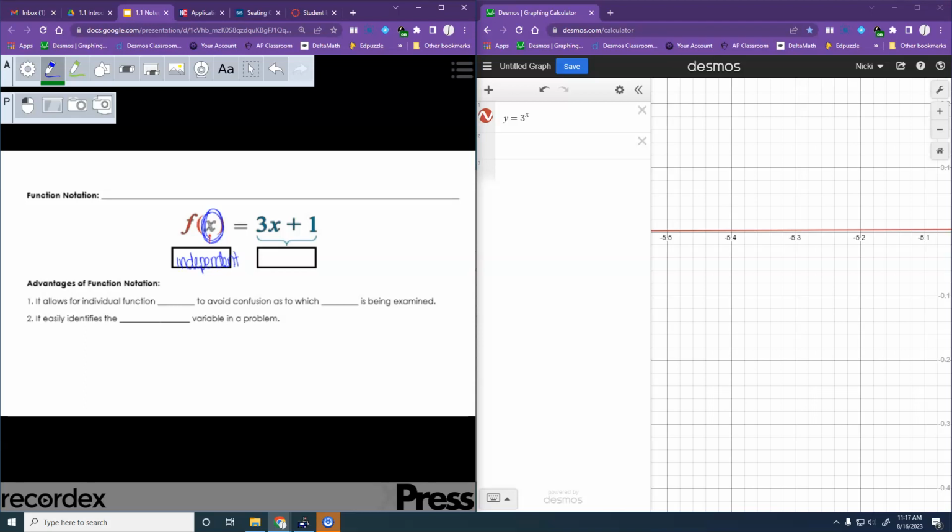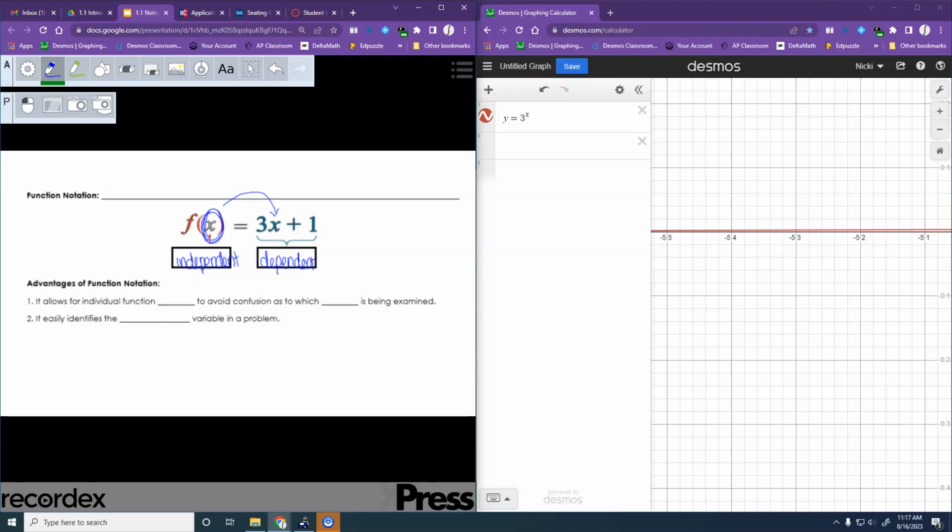So that means it should be the variable that you see over here in your equation, or whatever that is. This is the dependent. So whatever that equals is going to depend on the number that you plug in.